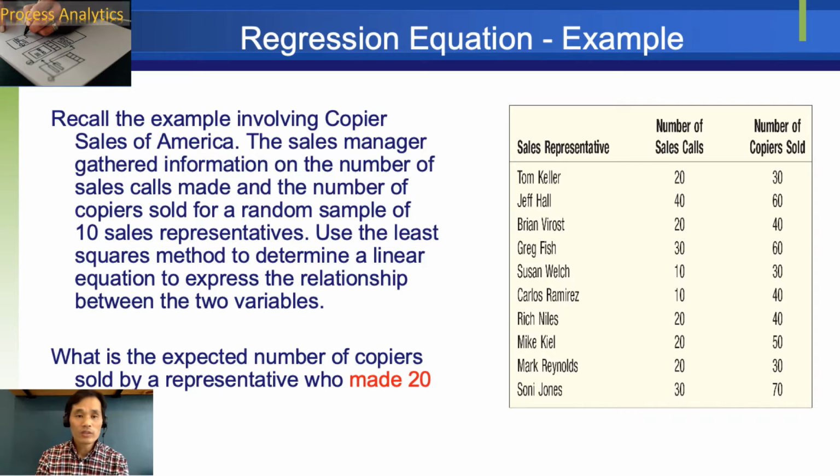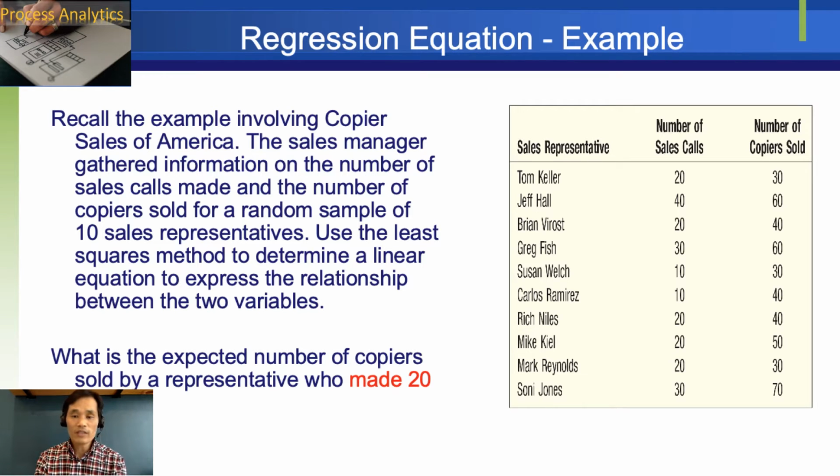Let's go through an example. Here's the same example from the correlation. Again, it is the same data from the copier sales example. Data is given as it is, and we want to predict how many copiers a salesperson can sell when making 20 calls.